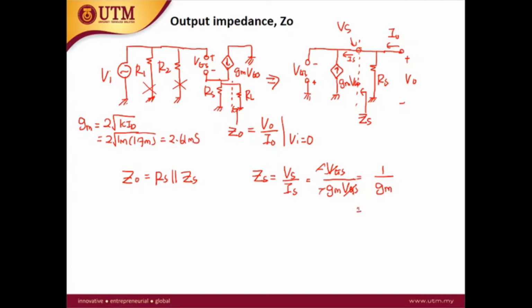So when you insert the value, the ZS will become 383 ohm. So the output impedance is RS parallel with 383.